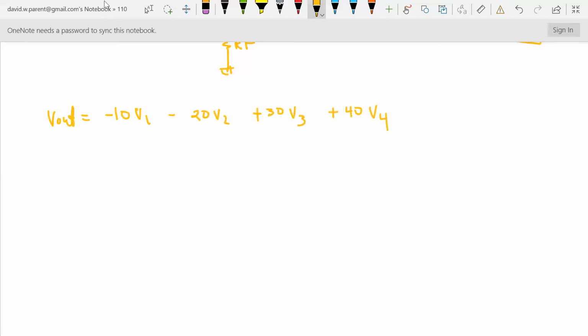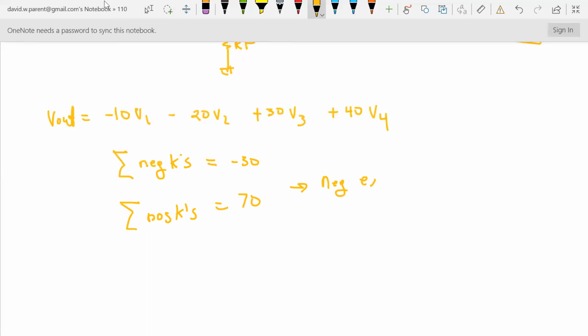All right. So the sum of the negative k's are minus 10 plus minus 20, which is minus 30. The sum of the positive k's equals 30 plus 40, which is 70.